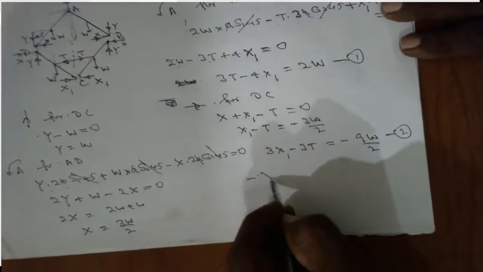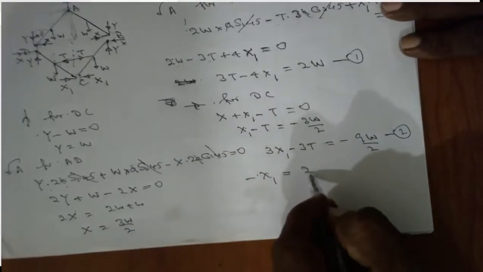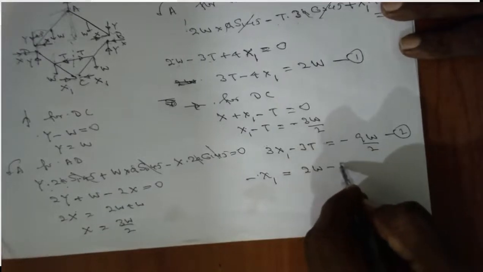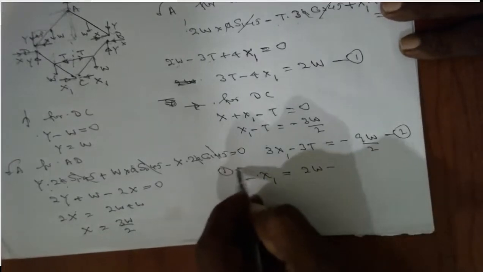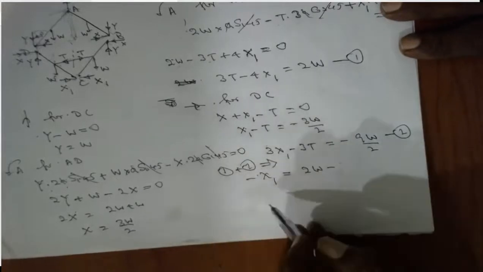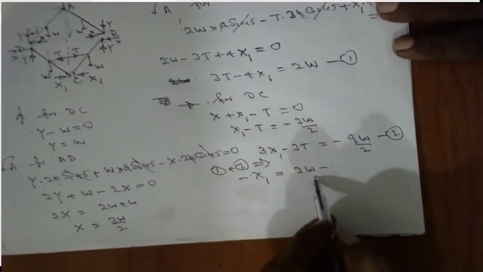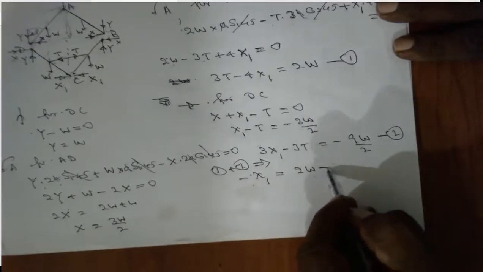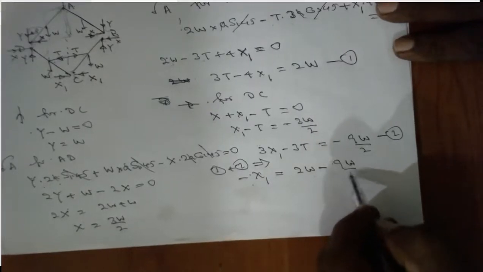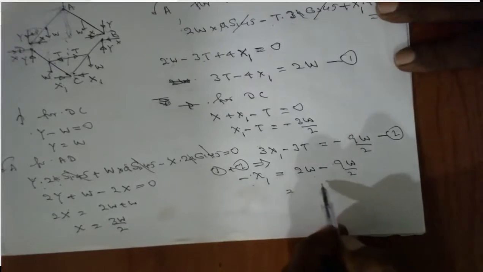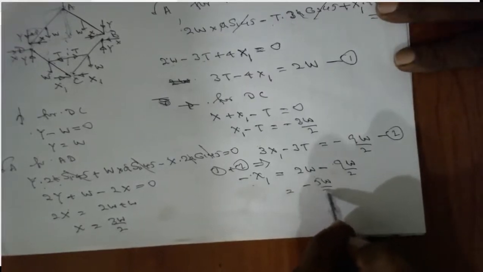Now if you add equations 1 and 2, you get minus X1 equals 2W minus 9W by 2, that is minus 5W by 2. So X1 equals 5W by 2.